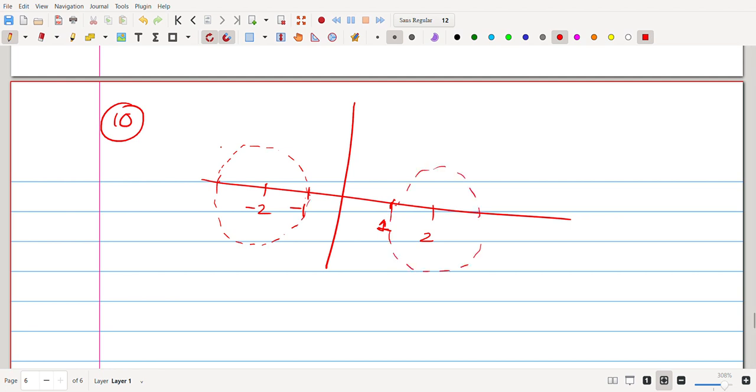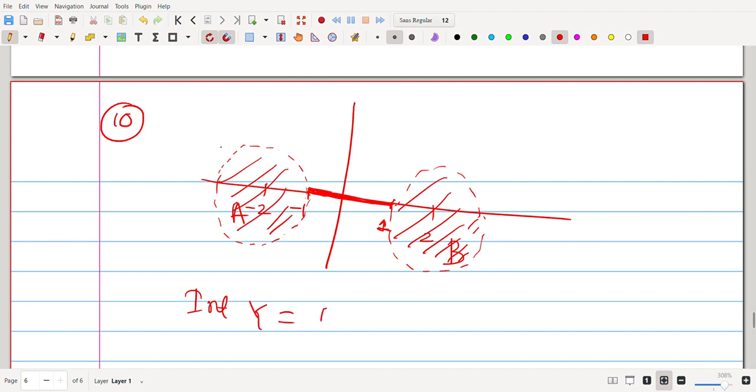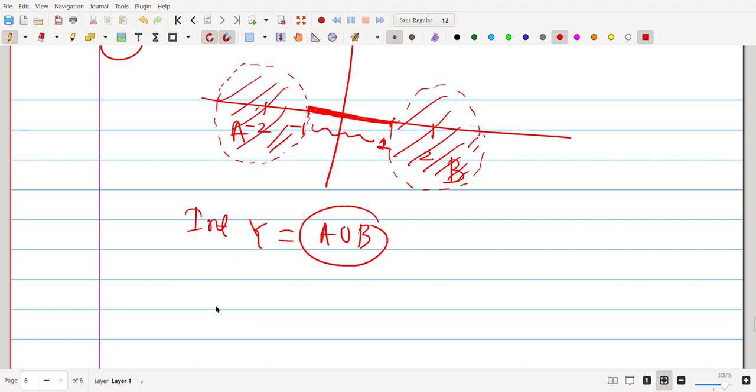Take a circle like this, take a disk, because interior means this full, and join these two by this straight line. So then what about the interior? Give this A and B, so the interior of Y is A union B, because the interior doesn't contain any point from this part, right? That means this is clearly disconnected, here and here.